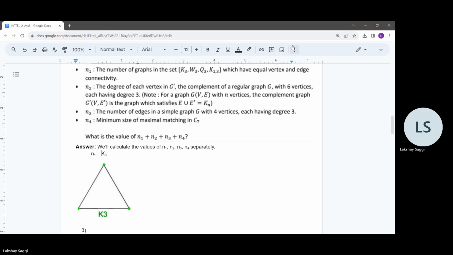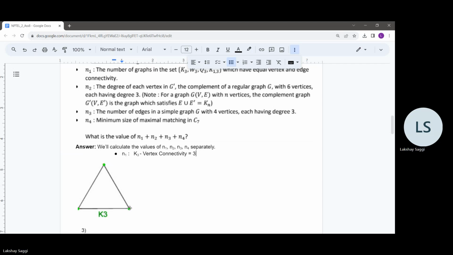For K3, vertex connectivity is equal to 3, because after deleting all three vertices, we'll be left with nothing. The vertex connectivity is definitely not 2, because after deletion of two vertices, still a single vertex remains, and this single vertex is connected.